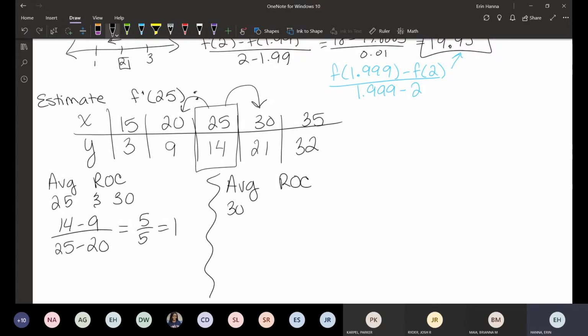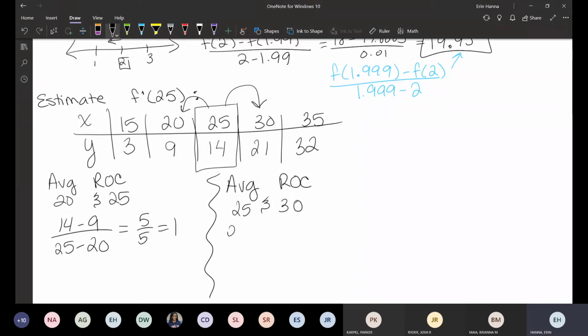No, wait. I did it backwards of the way I thought I was going to do it. Now I need to go from 20 to 25. Oh, no, wait. I messed it up. This one is from 20 to 25. And now we'll do 25 to 30. Sorry about that. I'm going too fast for my own brain.